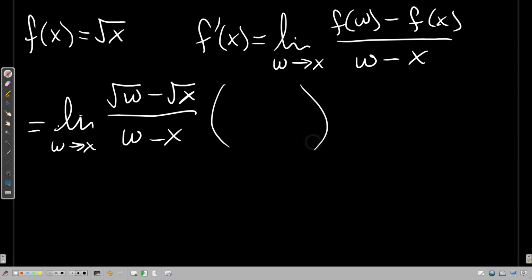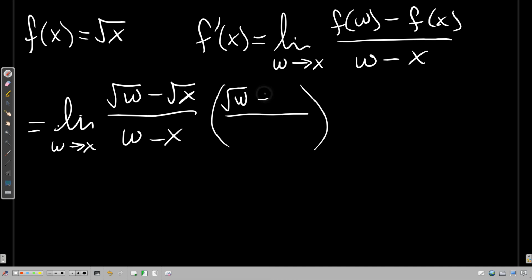And if you wanted to take this all the way home and solve it, well, then you'd need to somehow get it so that it's not in an indeterminate form. Because right now it has indeterminate form 0 over 0.